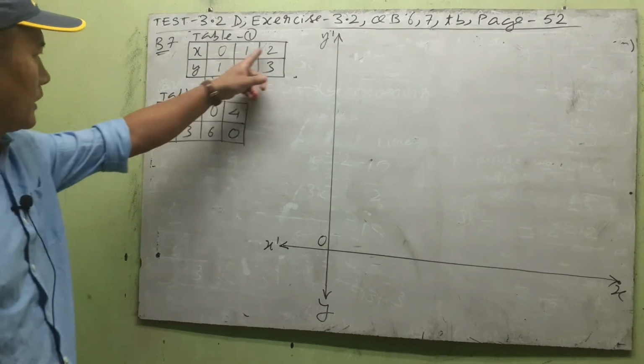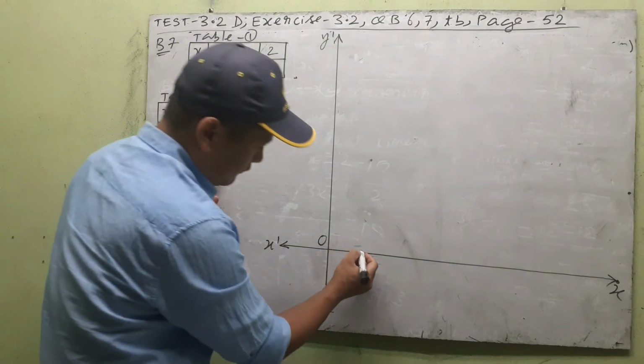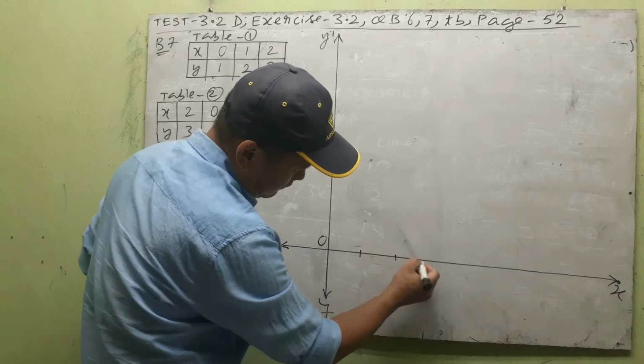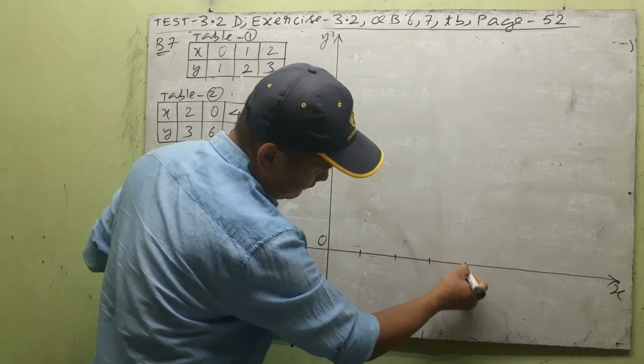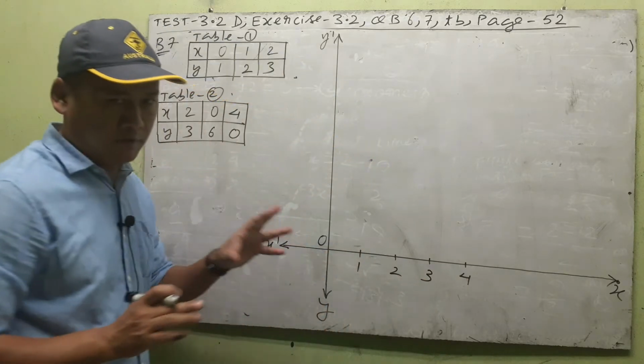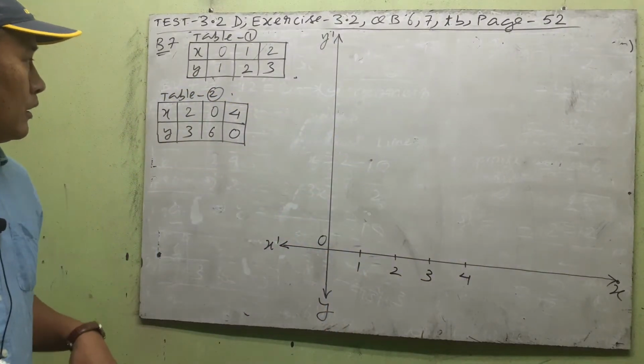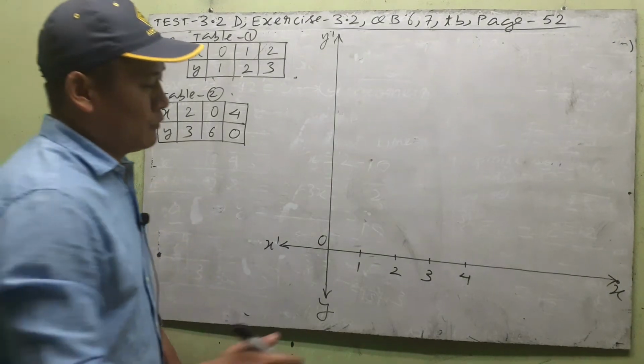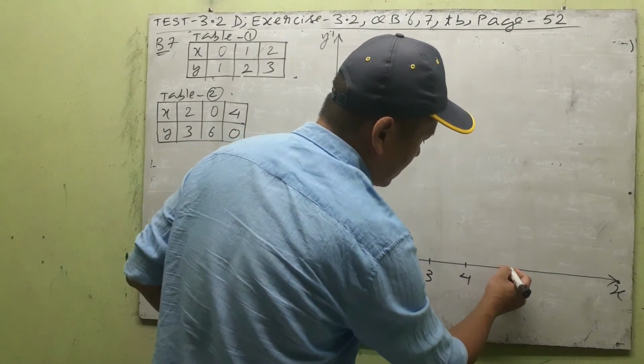The highest value of x we have is 4, so we need not go beyond 4 if you don't want: 1, 2, 3, and 4. You have graph paper, so it's quite easy. Now, y value, if you want, you can go one more, 5, 6.